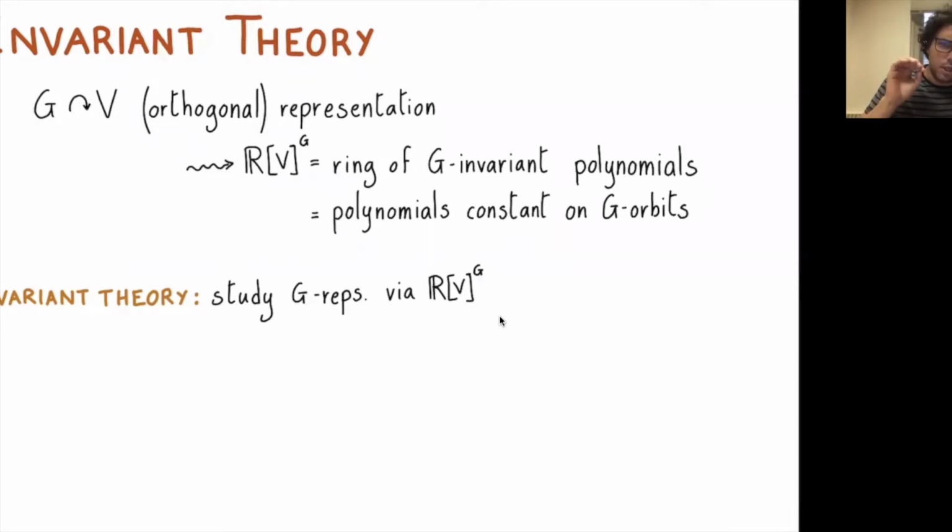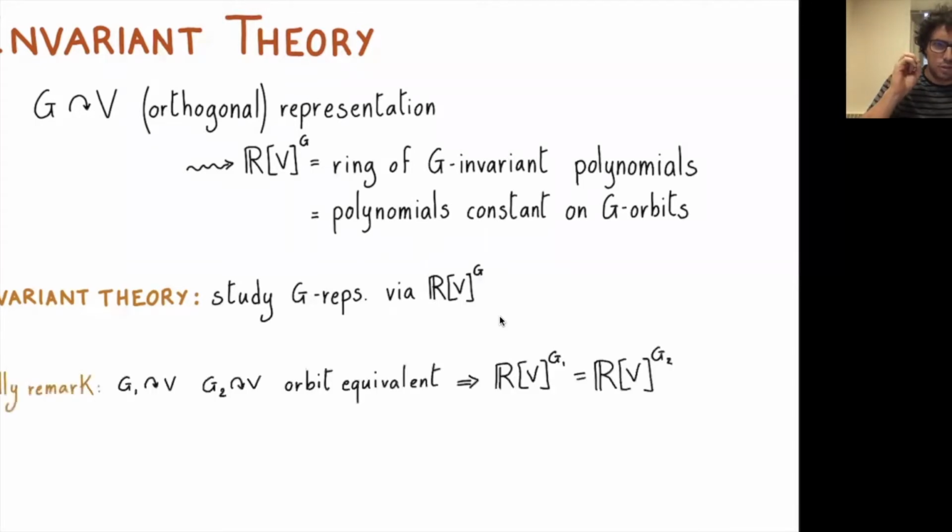Now, already here there is a small remark: because of the way it is defined, you could have two different group actions that are orbit equivalent, in the sense that they have the same orbits.